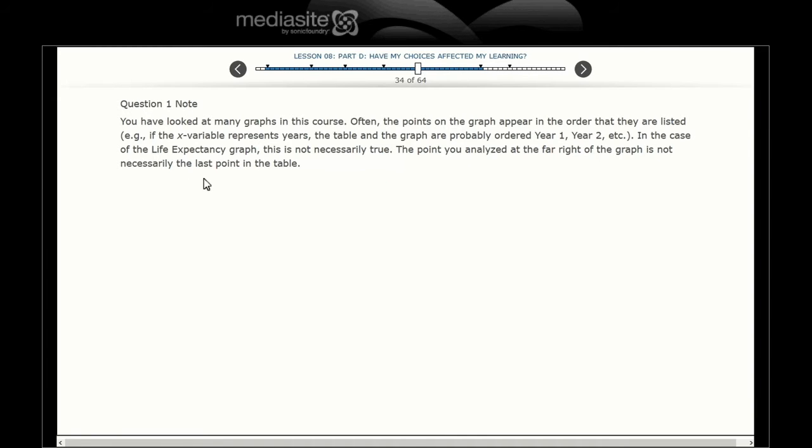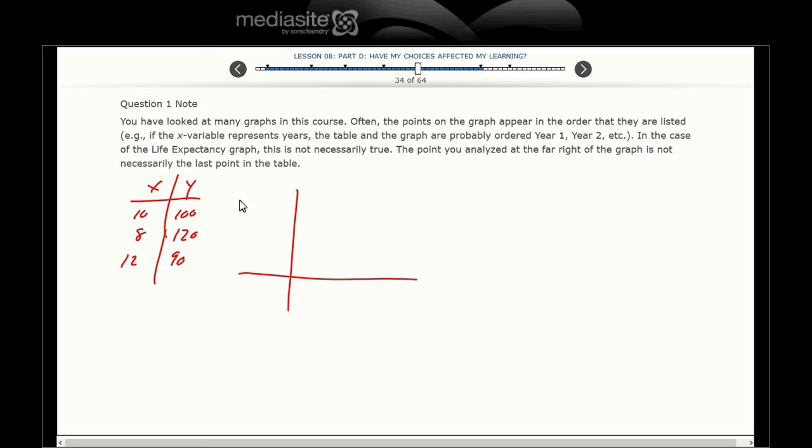Many graphs of the points appear in the order that they are listed. However, that's not always the case. They do not have to be in the order listed. And the point you analyze at the far right of the graph is not necessarily the last point in the table. Remember, these are points, they're paired. 10, 100; 8, 120; 12, 90.